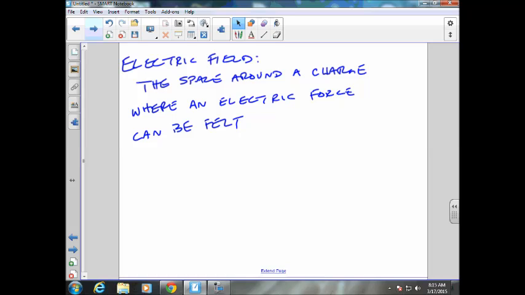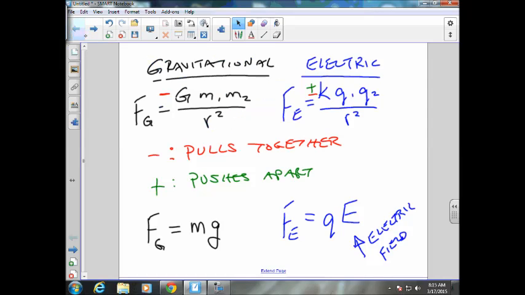How do you calculate a value for the electric field? If we go back to this one, the acceleration of gravity here is everything but one of these masses. That would be the gravitational force constant, one of the masses, and the distance between those two masses.